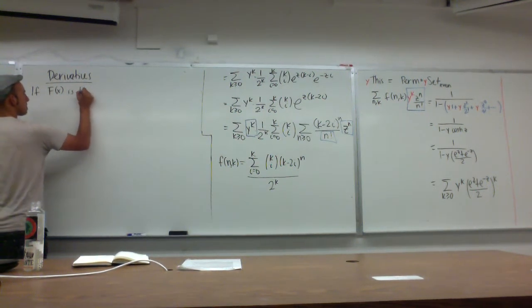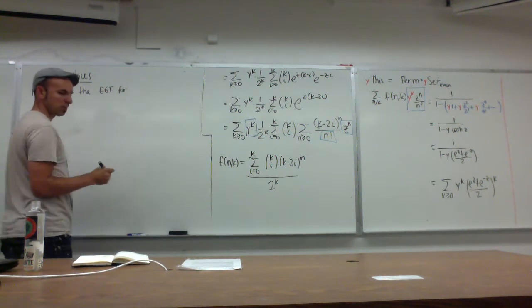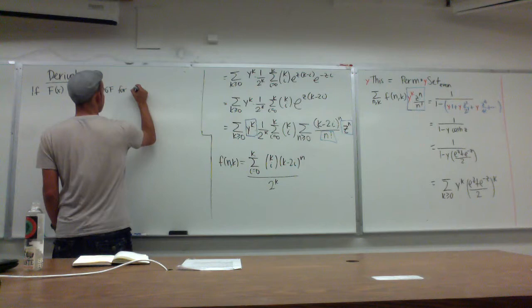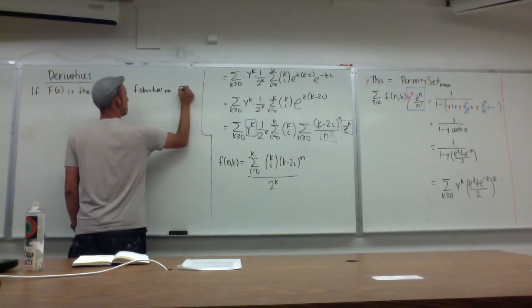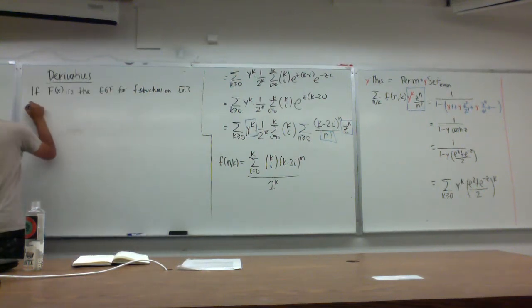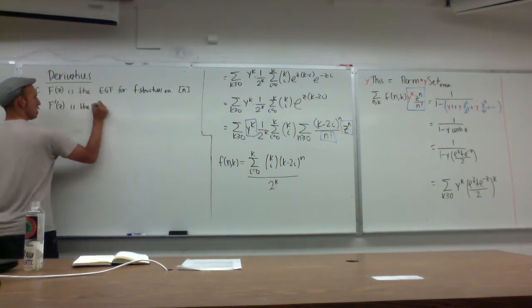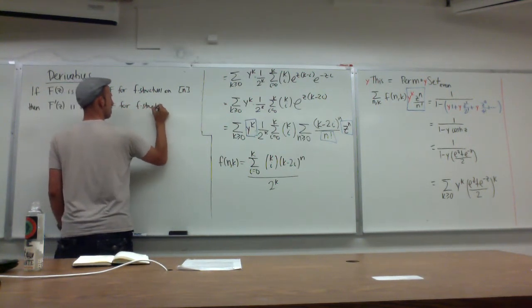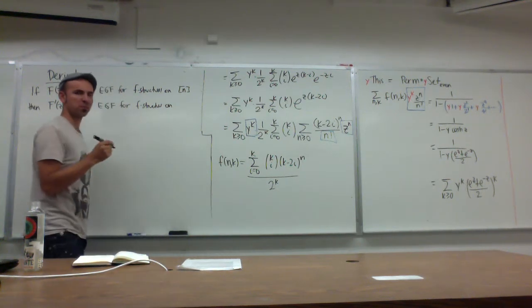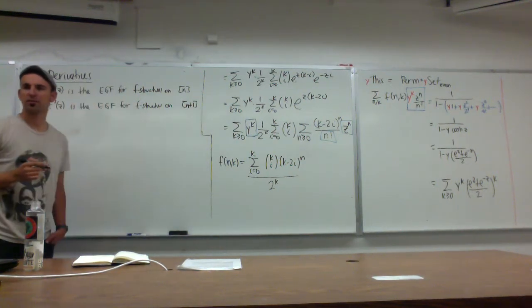If f of z is the exponential generating function for some kind of combinatorial object, let's say f structures on n, then the derivative is the exponential generating function for f structures where you just kind of put in a ghost element, a new element.